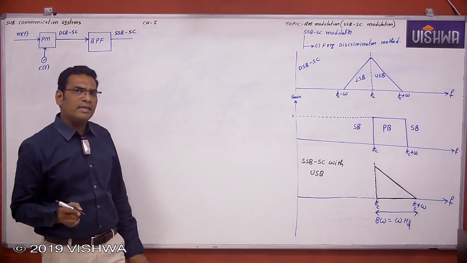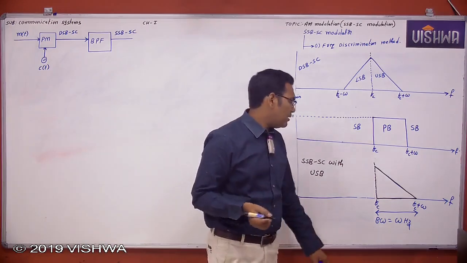So there is only one sideband, whether it is the upper sideband or the lower sideband.